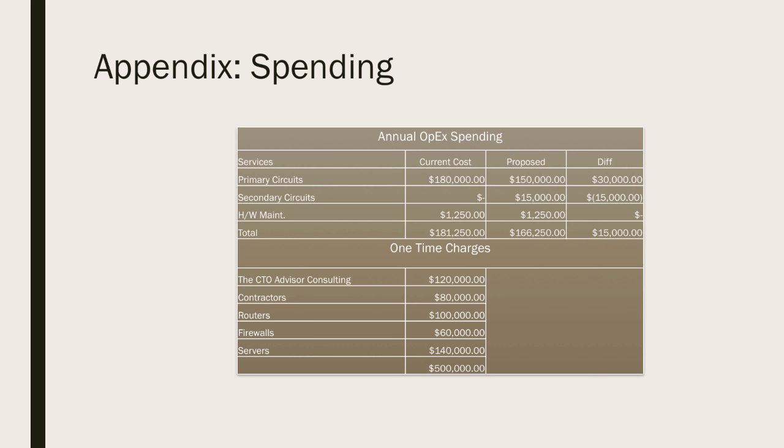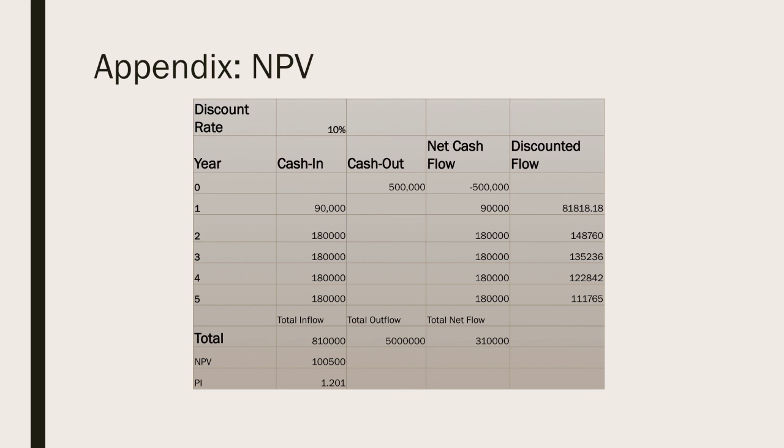I see on the cash flow NPV calculations, you're looking at complete spend in year zero. Is that right? Upfront. So we're doing an upfront capital expense. We are doing an upfront capital expense, and I wasn't certain.